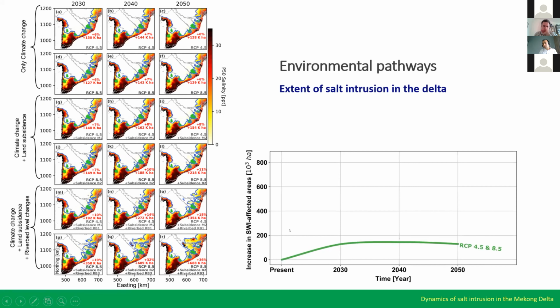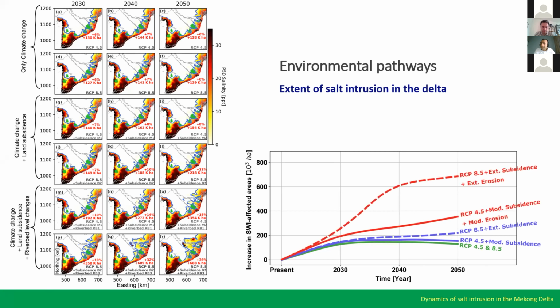But if we translate this to increase in areas affected by salt intrusion, then we're talking about something in the order of 180,000 hectares of land affected only under climate change. That can increase with scenarios of extraction-induced land subsidence.